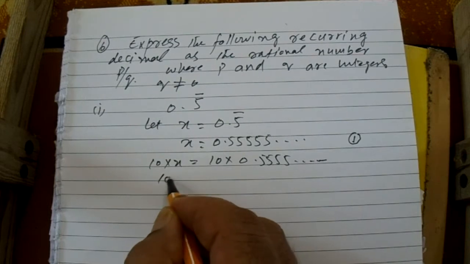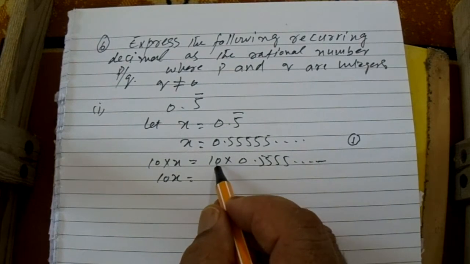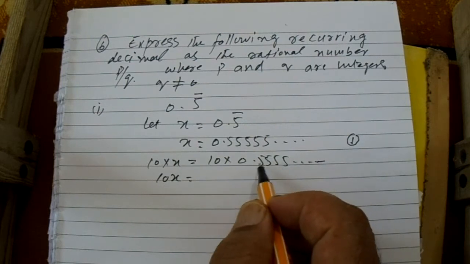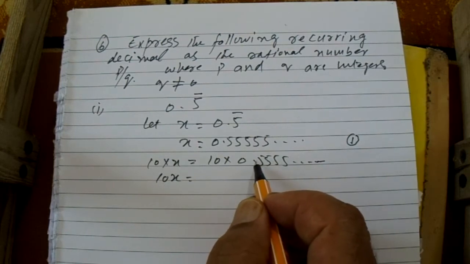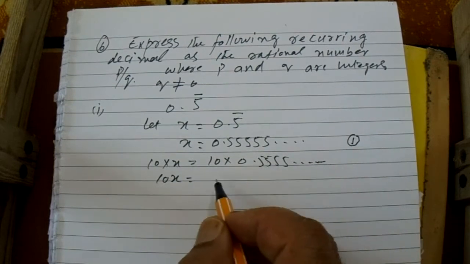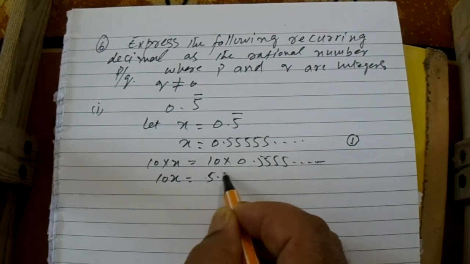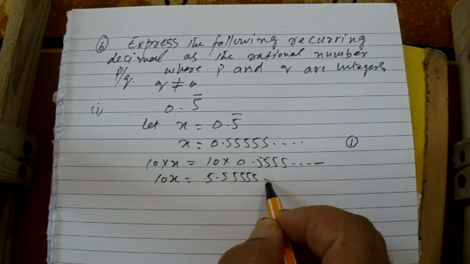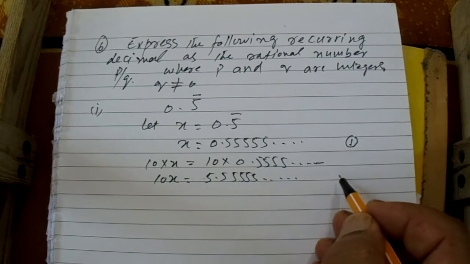Here 10x is equal to 10 multiplied by this decimal fraction. The decimal point moves to the right side by one digit. We write 5.555 again. We number this 2.